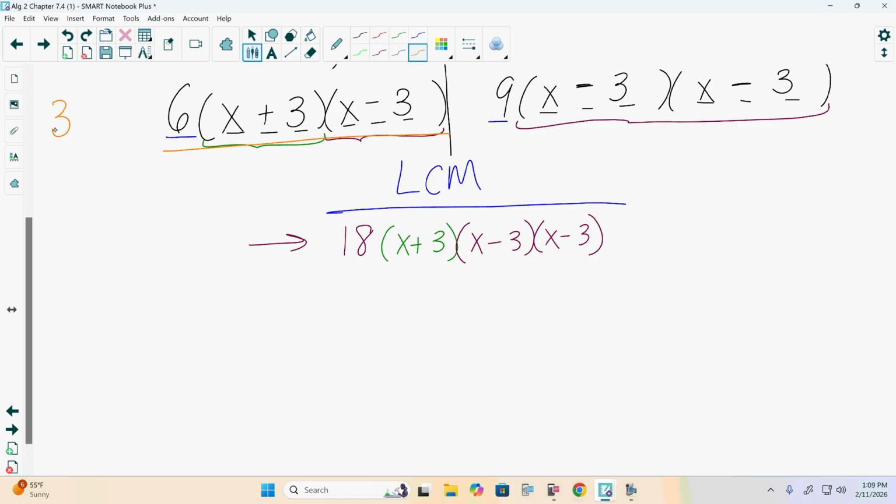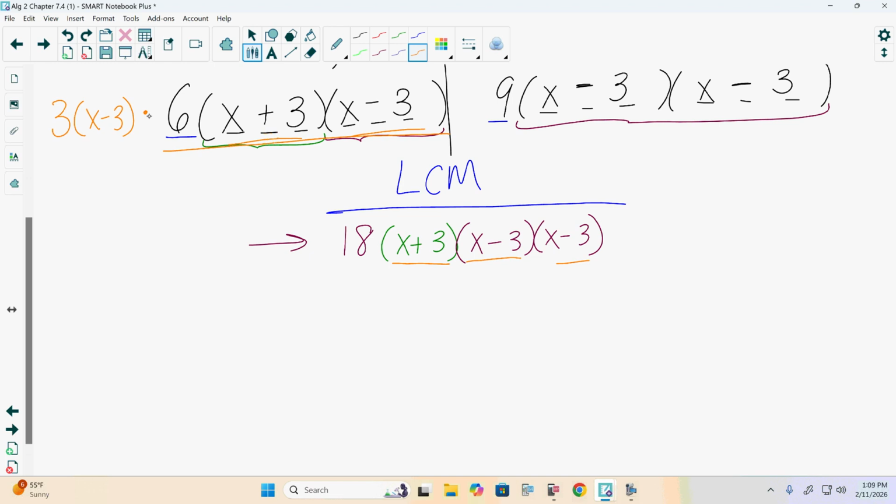And it is, we do have the 1 x plus 3. We're good there. We have 1 x minus 3, but I'm missing a second x minus 3. So if I multiply the one on the left by 3 times x minus 3, it would be the least common denominator. We would get them to be the same.